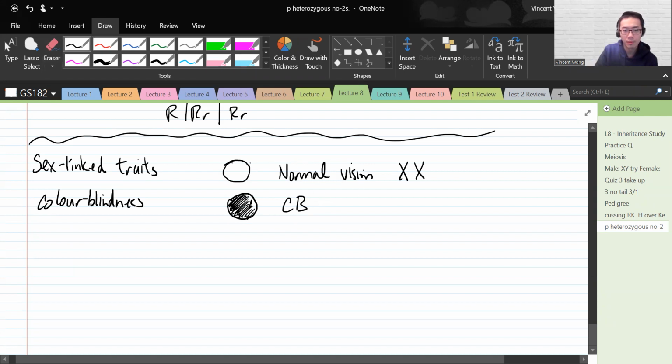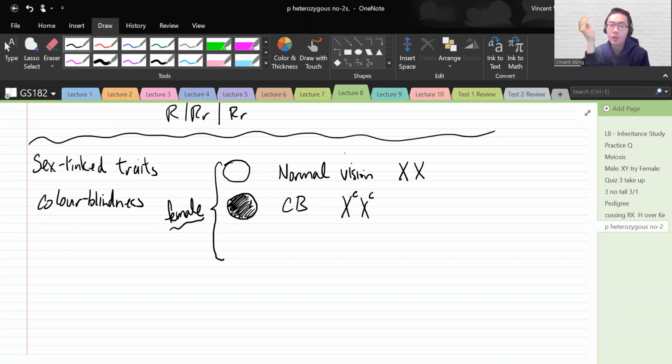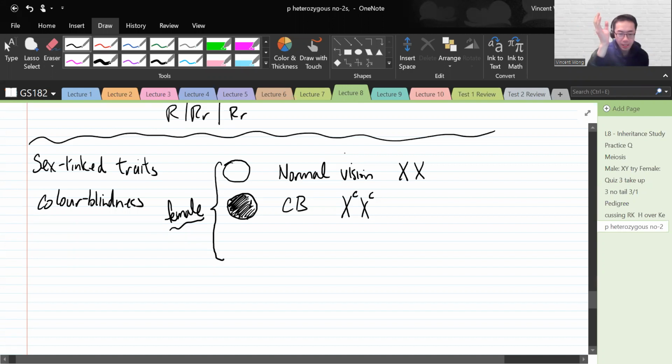The circle means woman, female, okay? And there will be XCXC. The C tells you it's the colorblind allele that's on the X chromosome. So colorblind is a recessive condition. You have to have both XC alleles to have color blindness.